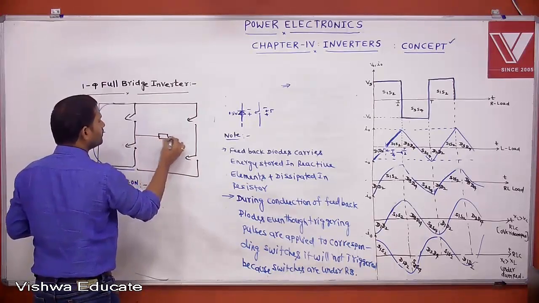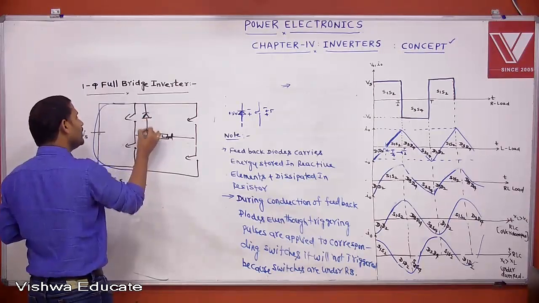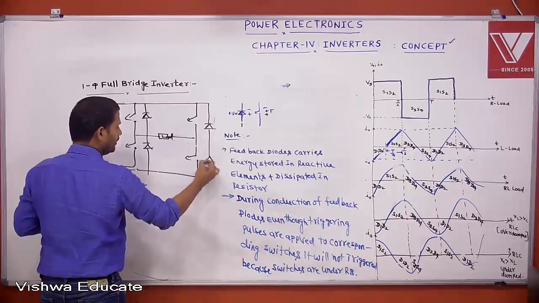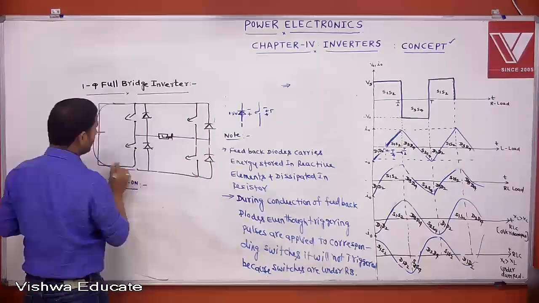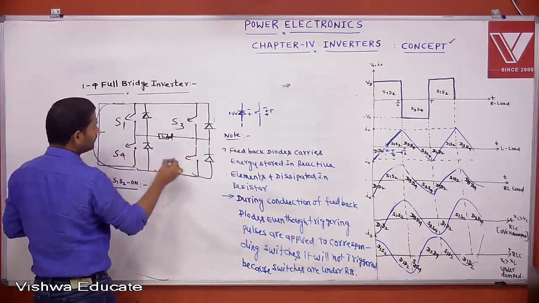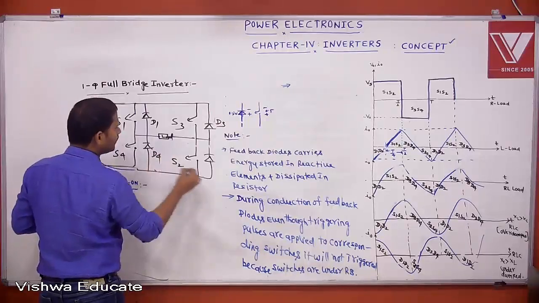This is the load. This is D1, D4, D3, D2. This is the inverter. S1, S3, S4, S2, D1, D3, D4, D2.